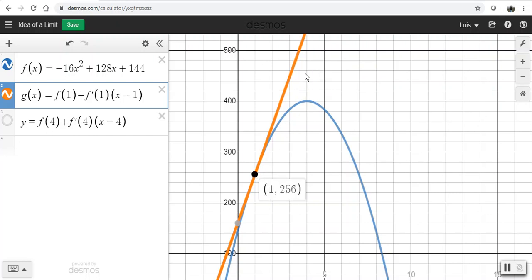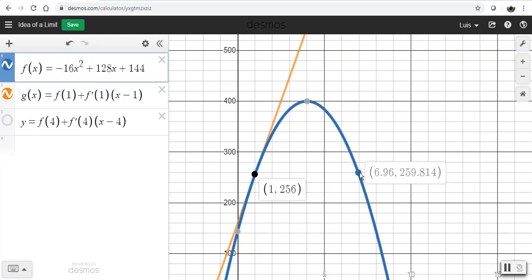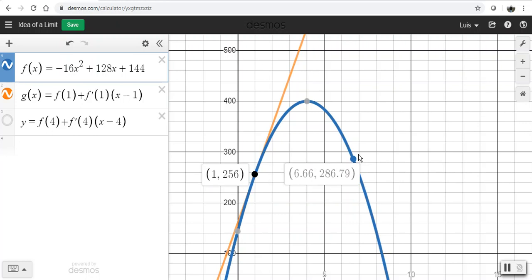Furthermore, see how the line is positive, meaning that if I tried another value on this side, it would actually be decreasing. Why? Because it's slowing down. But if I look at, for example, the maximum, we just said that the positive slope would be on this side and the negative slope would be here, but what happens right here? Well, if we graph this line, now we have a horizontal line.